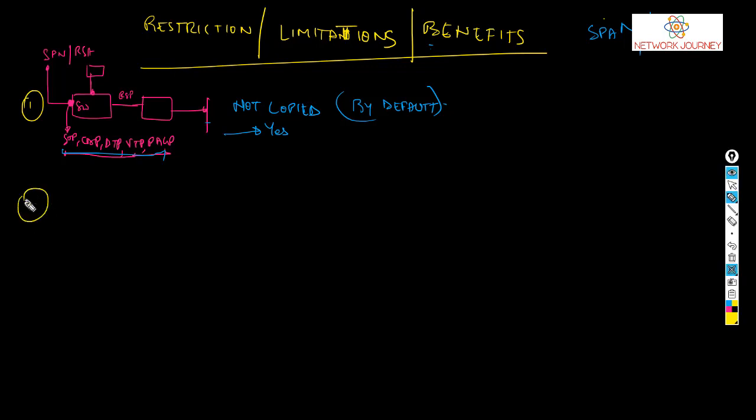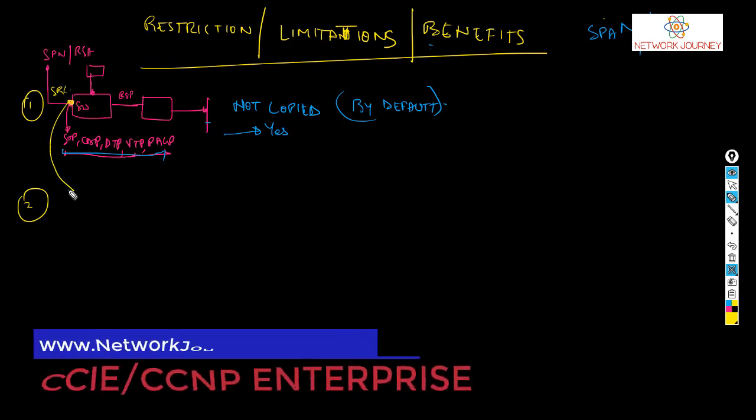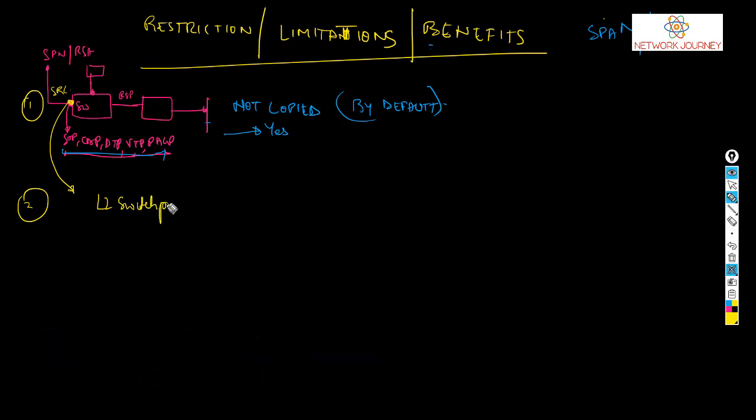Okay, second point. When I say the source, now this can be in a different mode. It can be a layer 2 switch port, that's nothing but your access port, in simple words.